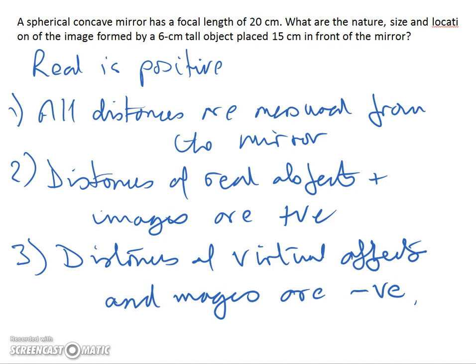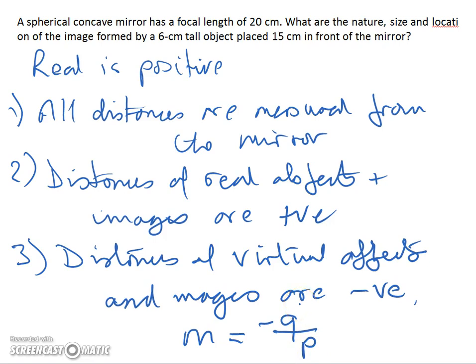Distances of real objects and images are positive, and distances of virtual objects and images are negative. And a consequence of this is that magnification is given by minus the image distance over the object distance.